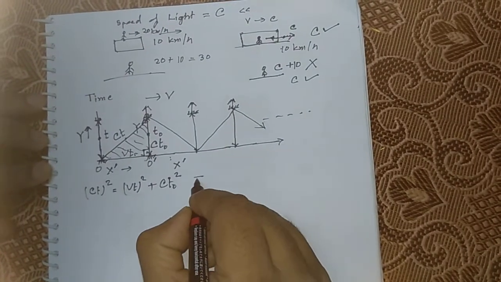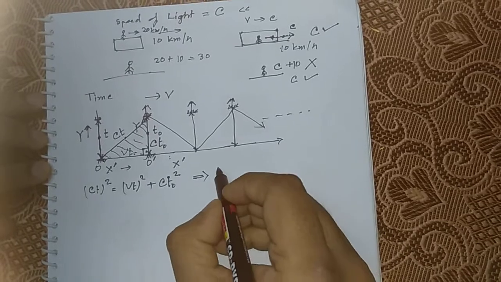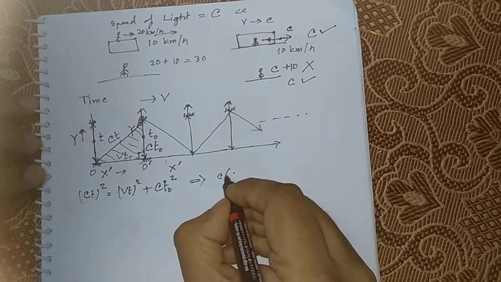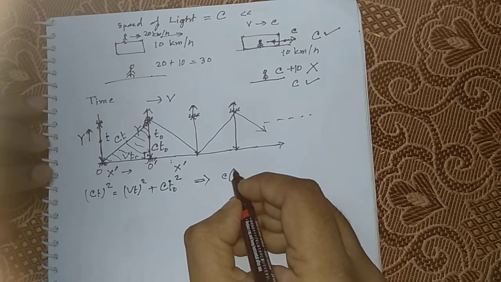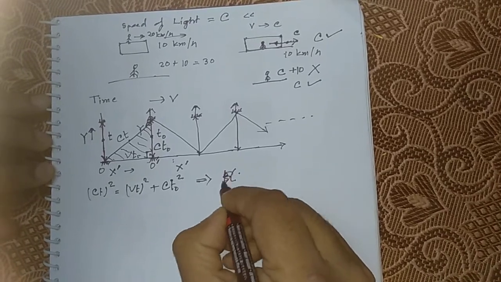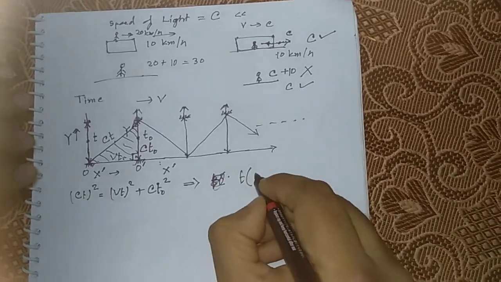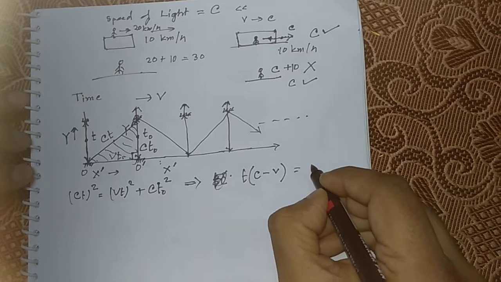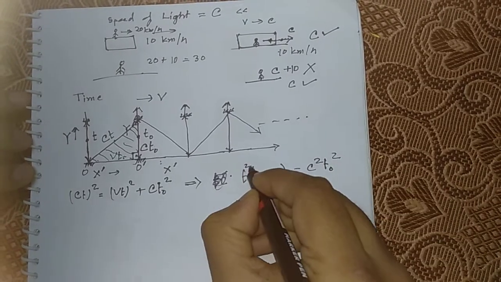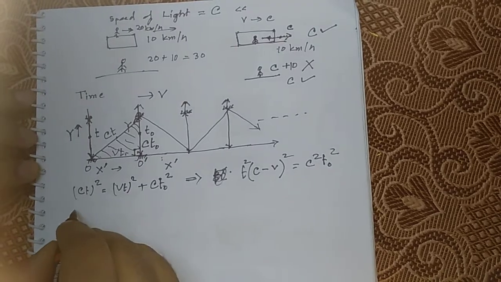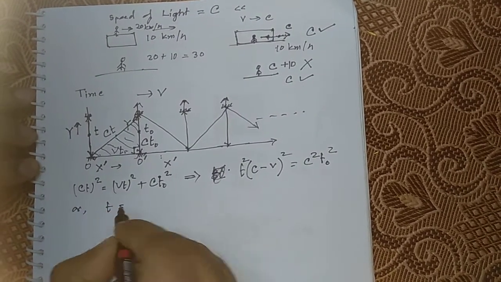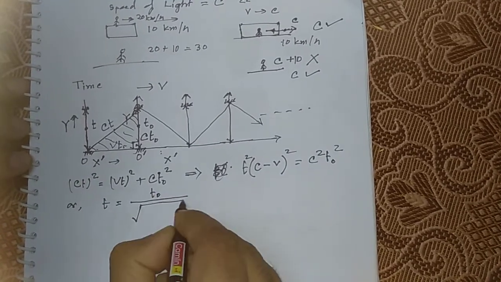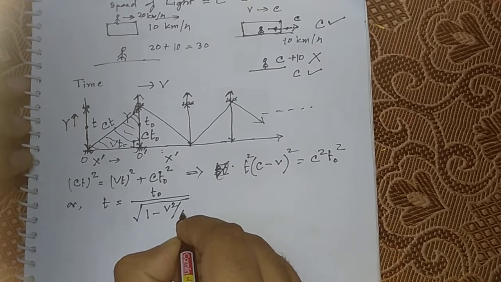From that we can take t squared common, giving c squared minus v squared, equal to c squared t0 squared. Okay, these are all squares. From that we can derive that t is equal to t0 divided by the root of 1 minus v squared upon c squared.